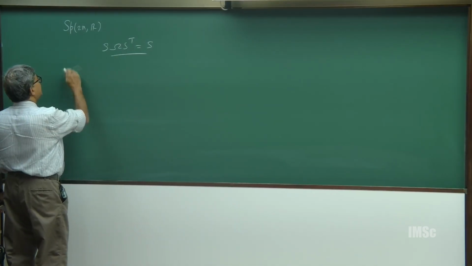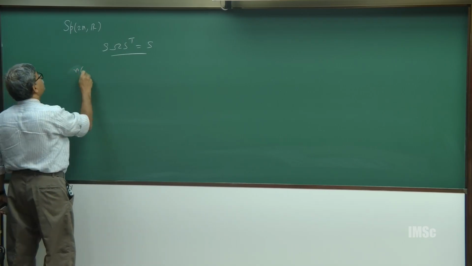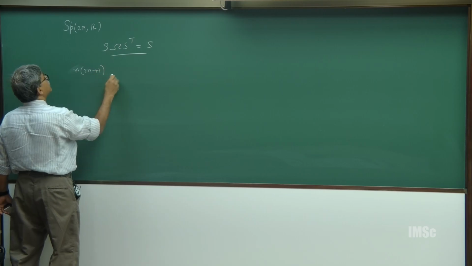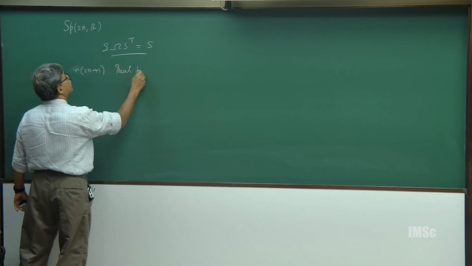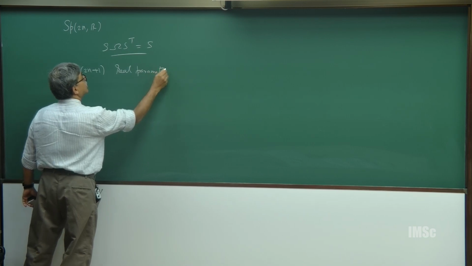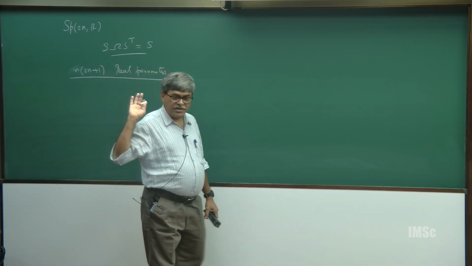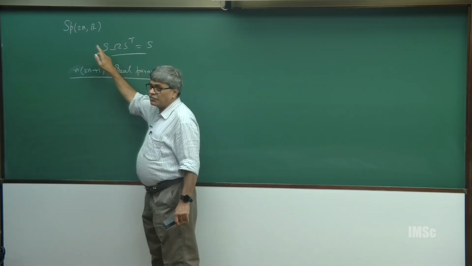So basically, in order to parameterize this group, you need n into 2n plus 1 independent real parameters to specify any element S of this group.